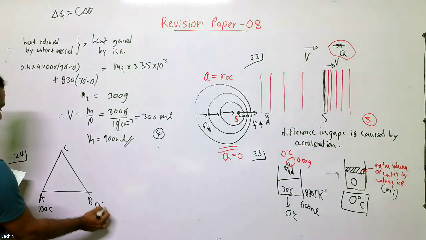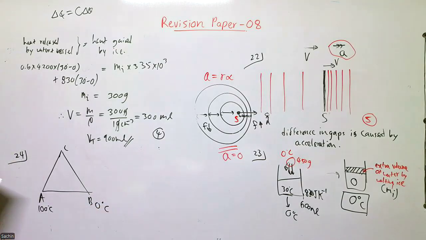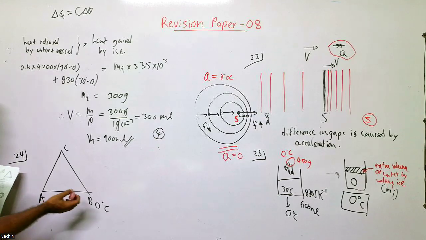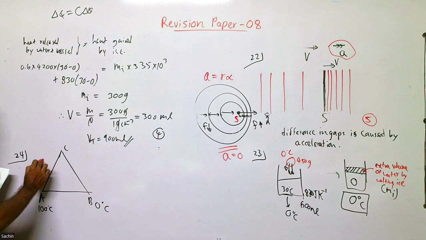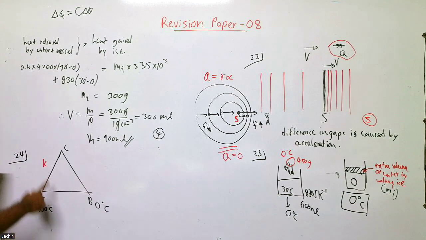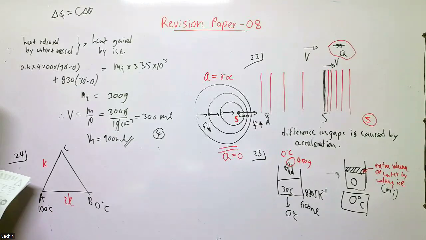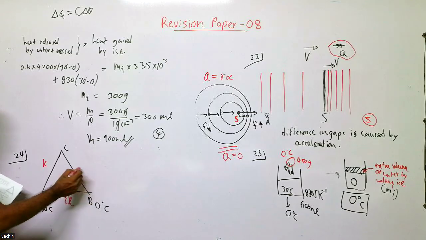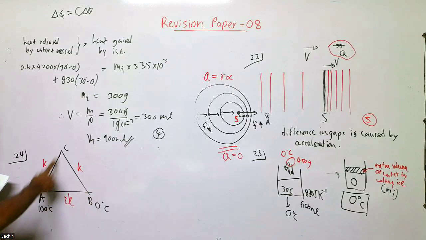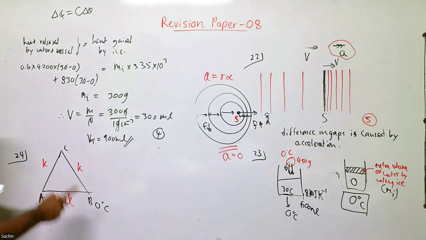This is maintained at 100 Celsius. This is maintained at 0 Celsius. And thermal conductivity of material AB is twice that of the material AC. That means if you assume the thermal conductivity of this is K, for AB it is 2K. And this is also K. AC and CB are the same, that is K.